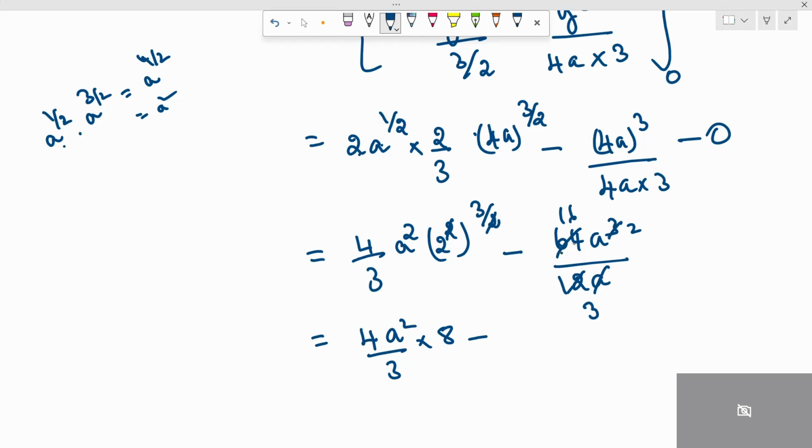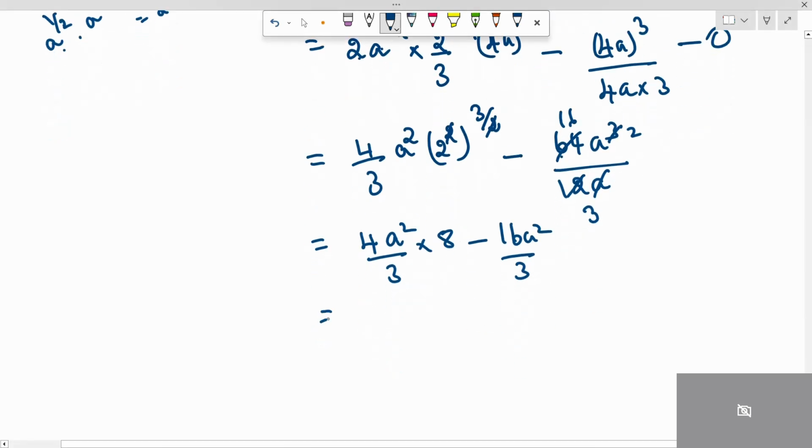Okay, 1 4, 2 will come 24, 6 4s are 24. Okay, minus 16 a square by 3. 4 8s are 32, 32 a square by 3 minus 16 a square by 3.